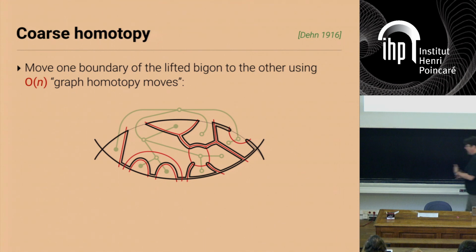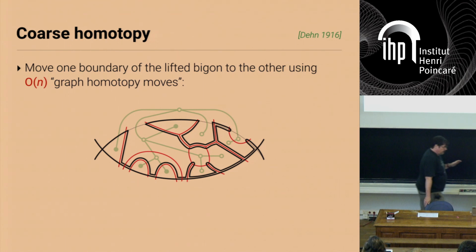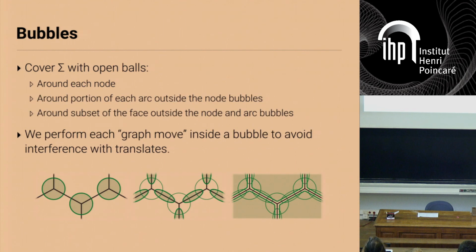Now, the reason why we're introducing this tiling and doing these graph moves is that while I'm doing something inside one tile, there's other stuff happening in parallel in other translates of that tile, but only in the other translates. Within one tile, that tile will project down injectively onto the surface. But to do this really carefully, we actually need to define some neighborhoods, an open cover of the surface, where we can do the moves inside these open balls.